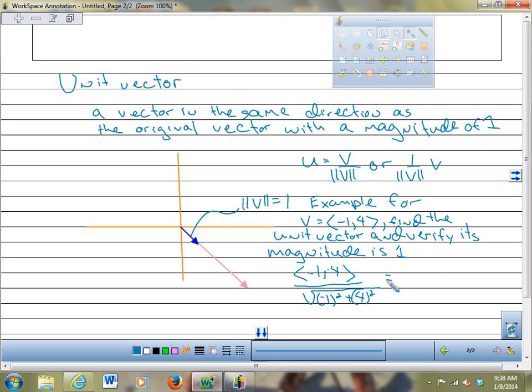And if I simplify that a little bit, you could write that like this as negative 1, what does that make? Square root of 17?